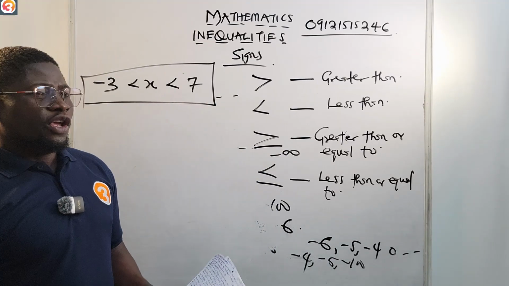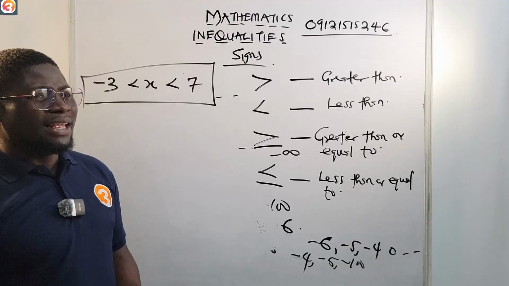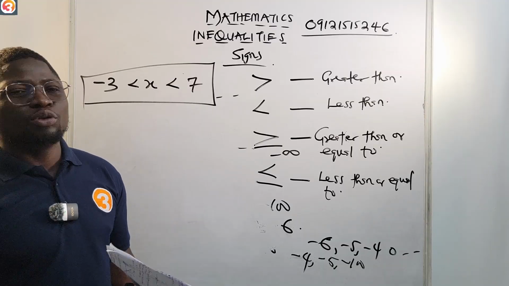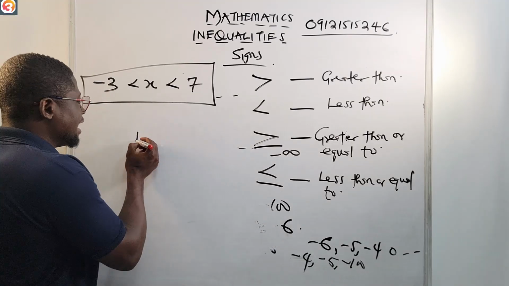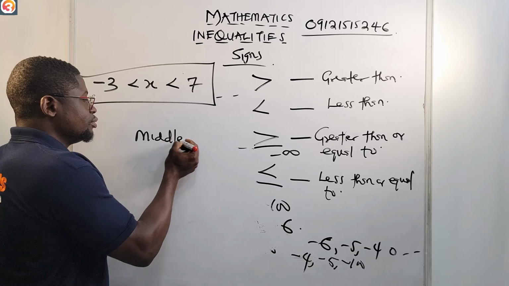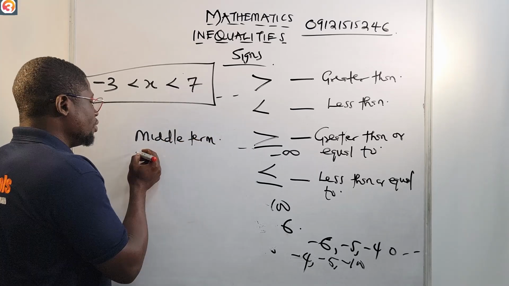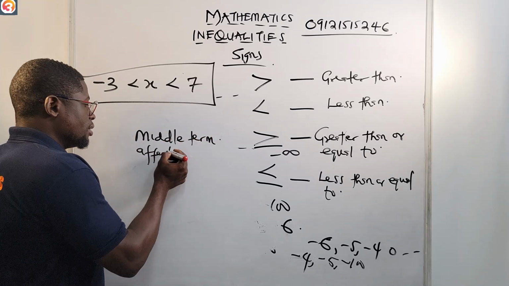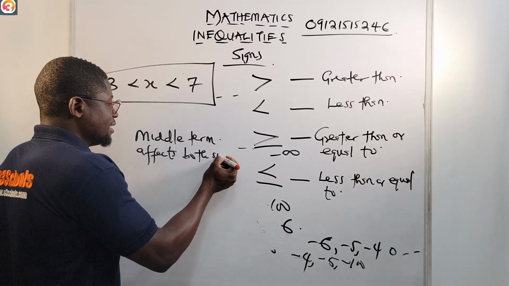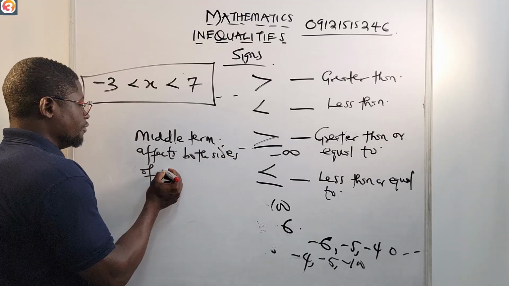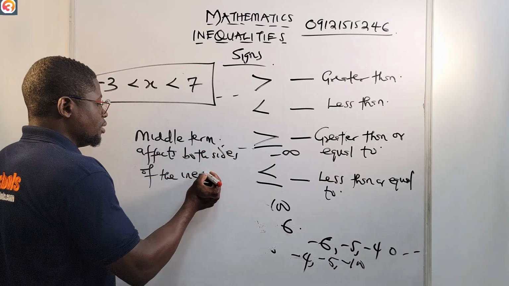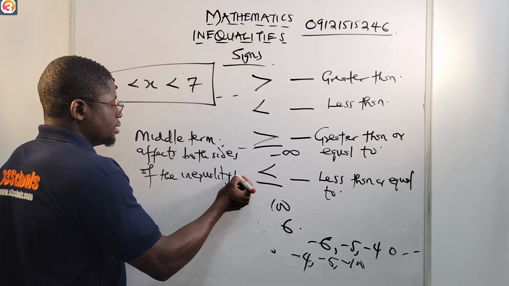If you want to split inequalities, the only important thing that is left for you to know is that the middle term always affects both sides of the inequality sign.